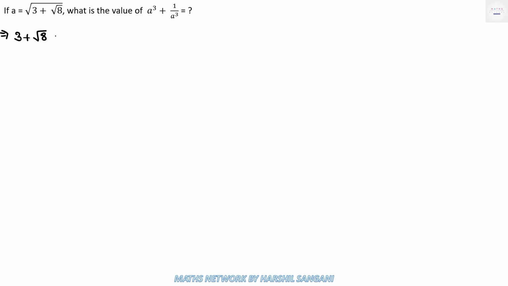version later. So we can write this as 2 plus 1 plus root 8. Now guys, we will simplify root 8. So we can write this as 2 plus 1 plus root of 4 multiplied by 2.